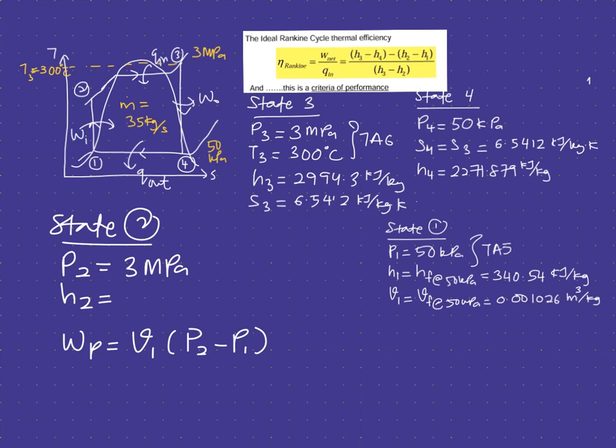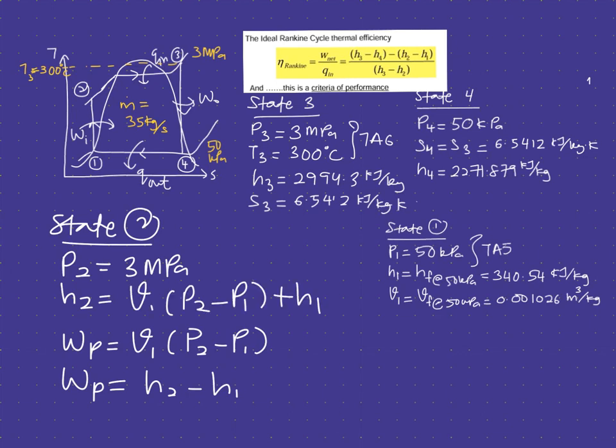And please note that work pump can also be obtained from this equation, where work pump is equal to your enthalpy at 2 minus your enthalpy at 1. So when you rearrange both equations, you will see that your H2 can be obtained from this equation up here. So let's rearrange that.